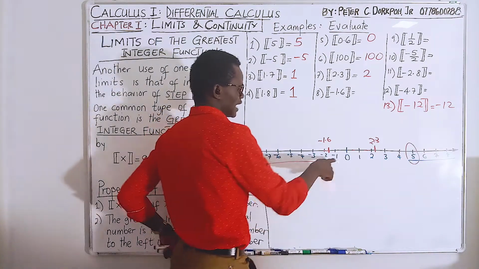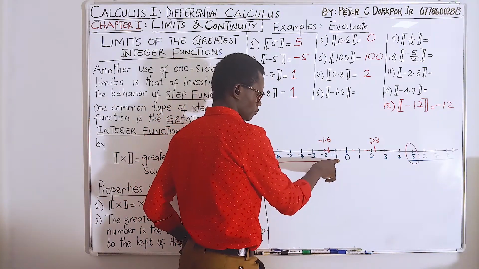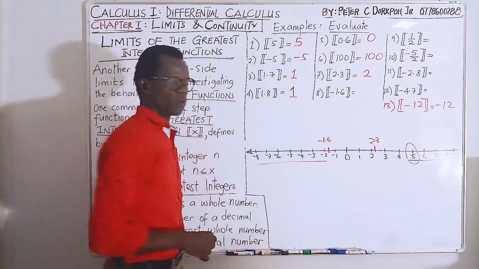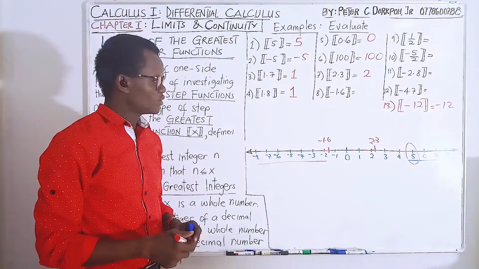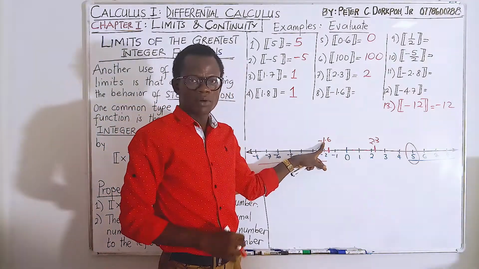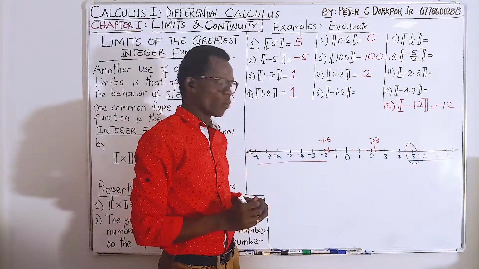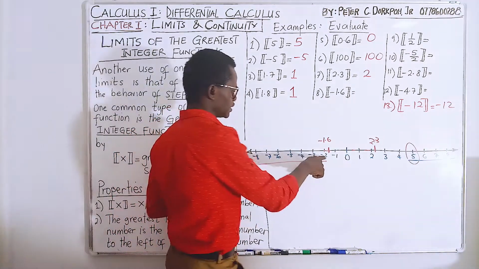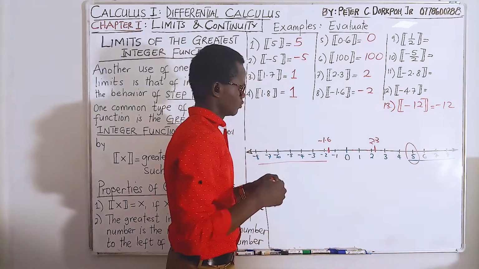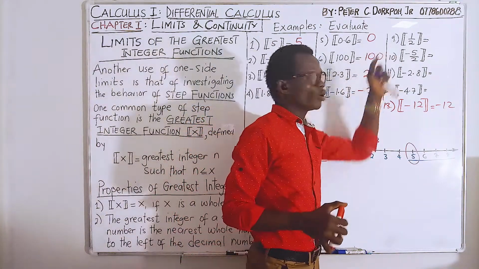Why is it that we cannot take minus 1? It's because minus 1 is on the right hand side of negative 1.6. And we said the greatest integer should not be more than the number. So it should not be more than negative 1.6. So it is minus 2. The next one says 1 over 2.